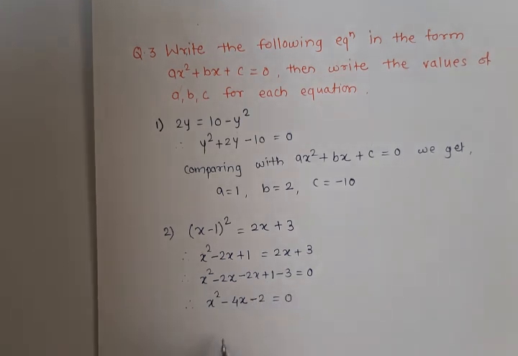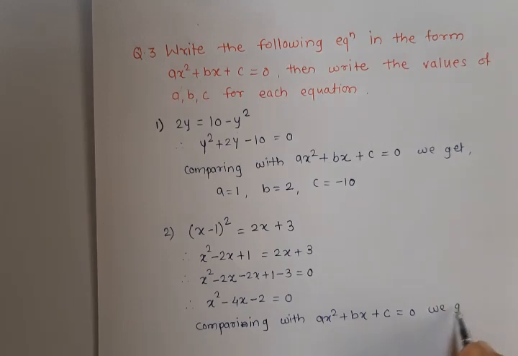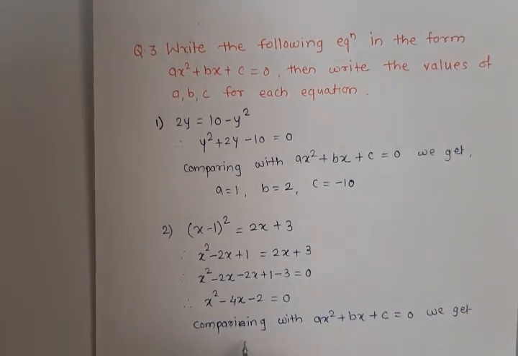Now comparing this equation with the standard form ax square plus bx plus c equals to 0, we get a equals to 1, b equals to minus 4, c equals to minus 2. So in this way you can solve the question number 3. Now we'll discuss question number 4.